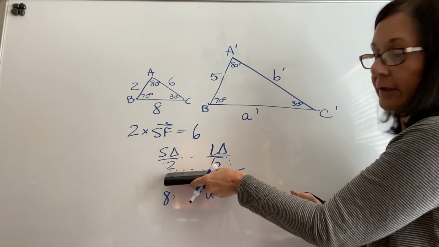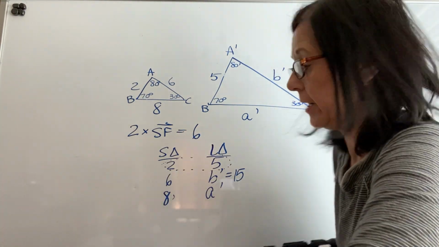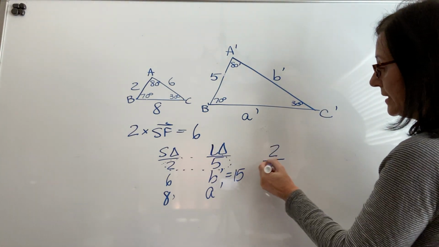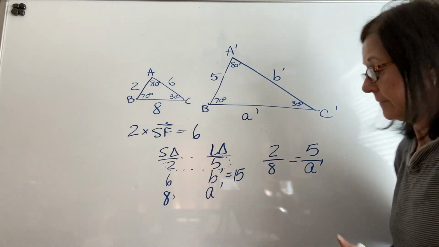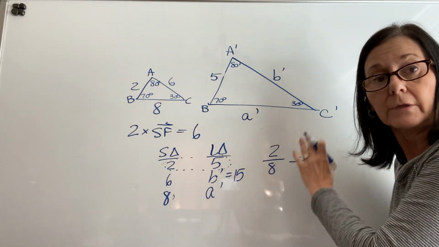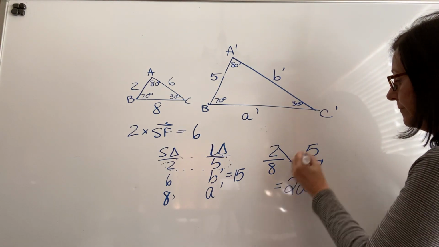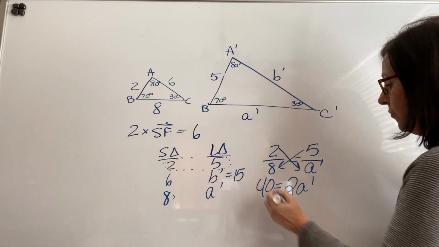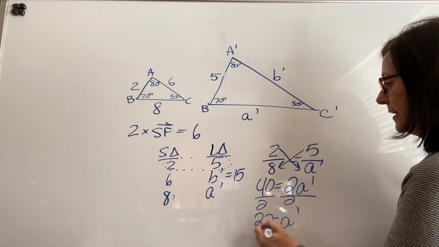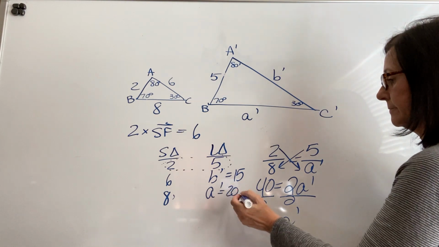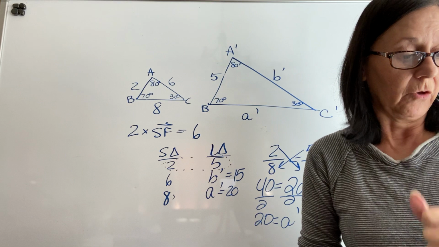I'm going to say 2 over 8 equals 5 over A prime. So 2 is to 8 as 5 is to A prime. Because I have a ratio equaling a ratio, I can cross multiply. So that's 2 A prime equals 40. I divide both sides by 2. A prime is 20.